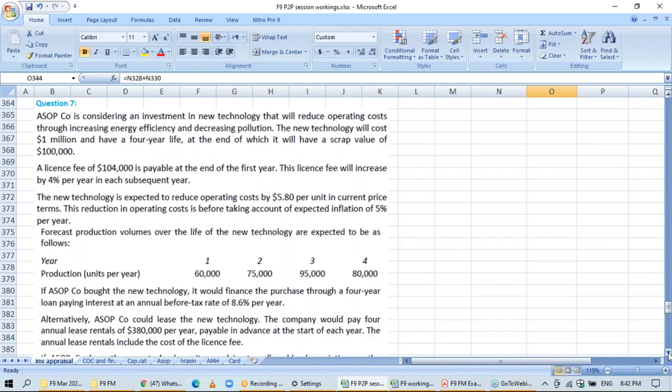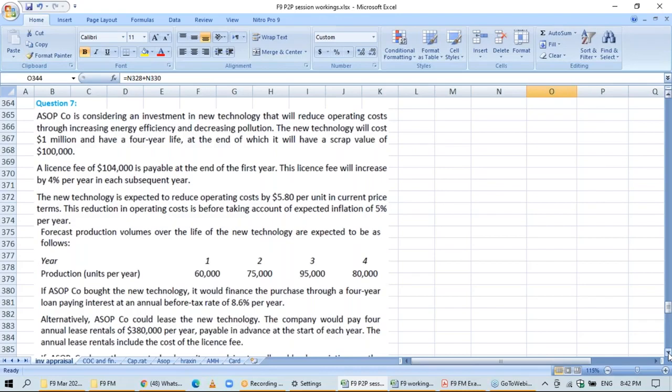If they can claim tax depreciation, they can deduct it from the taxable income and save some money. But obviously there will be some difference, because the tax depreciation amount per year will be different from the rental amount in case of lease. So in both cases, the tax savings will arise at a different timing. Obviously, the present value of the tax savings will be different in both cases.